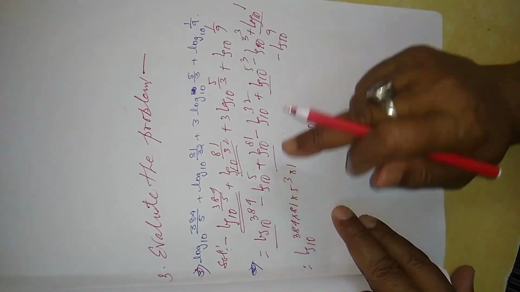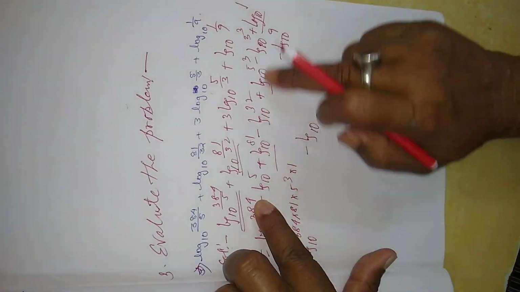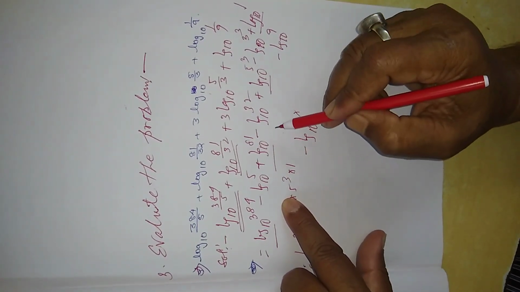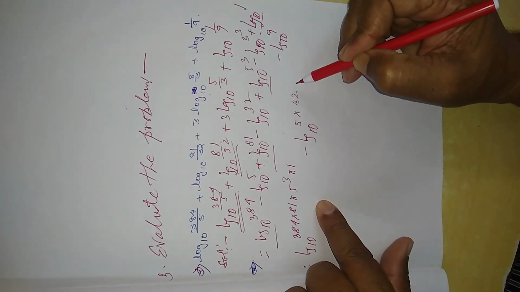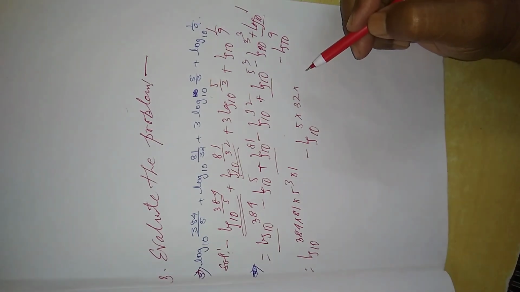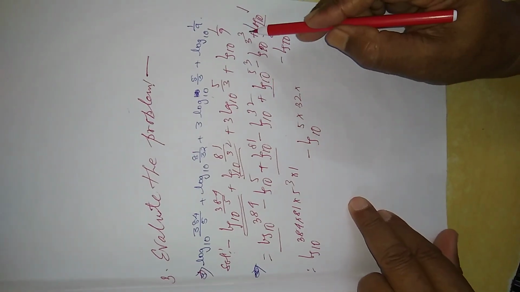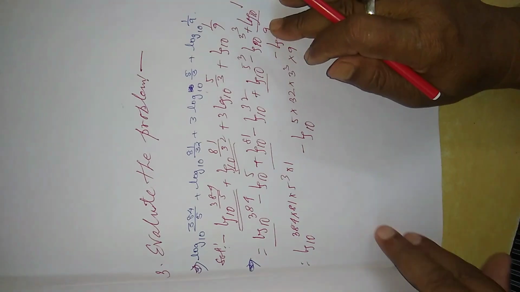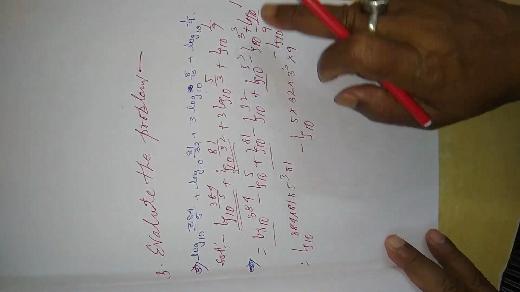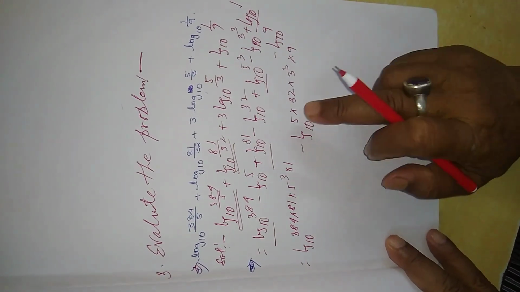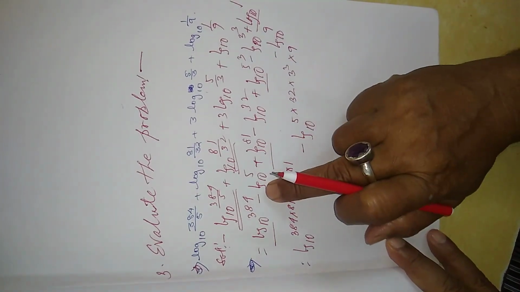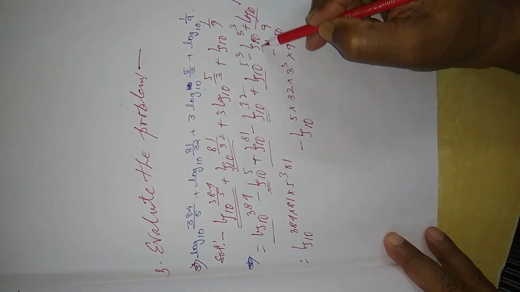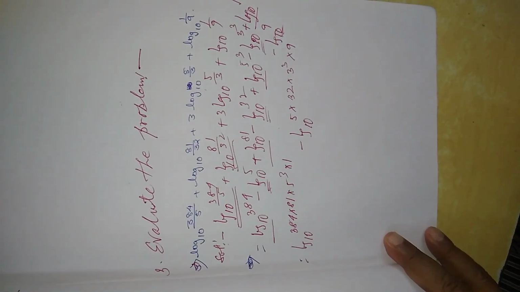Minus is common, so that is also a plus log of 5 into 32 into 3 cube into 9. I am marking for your convenience.